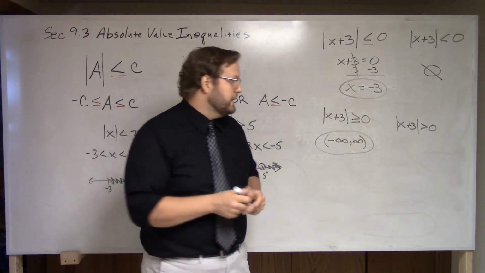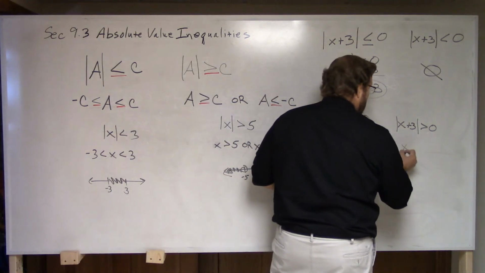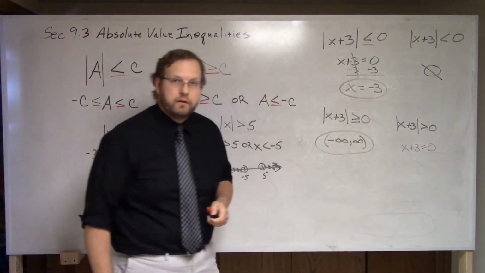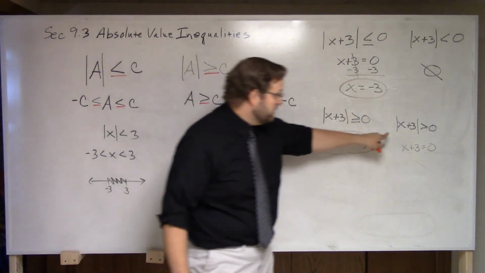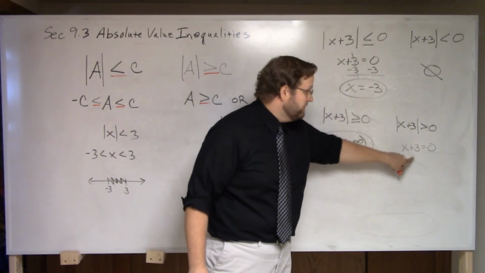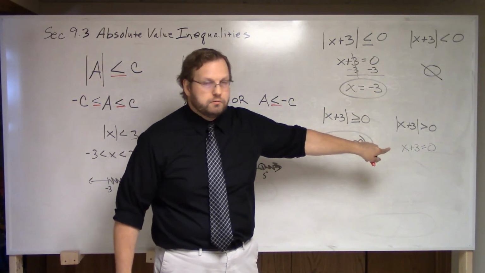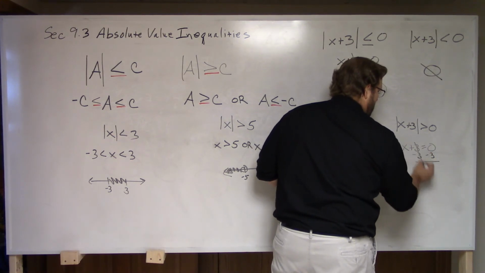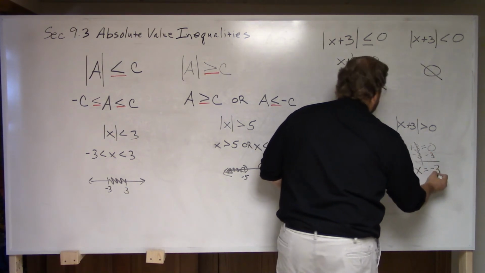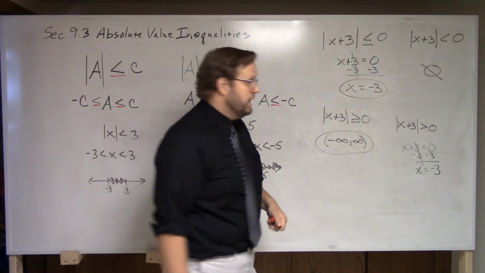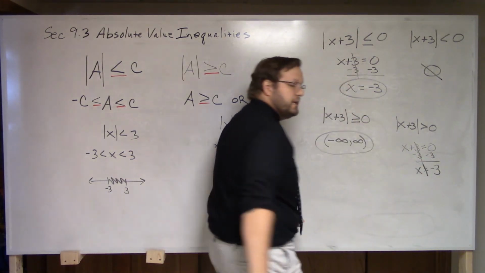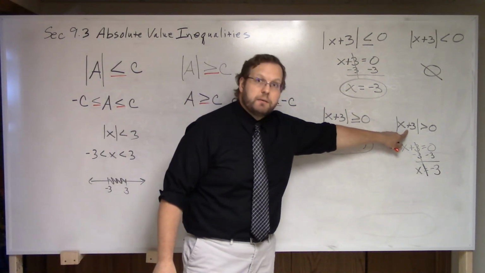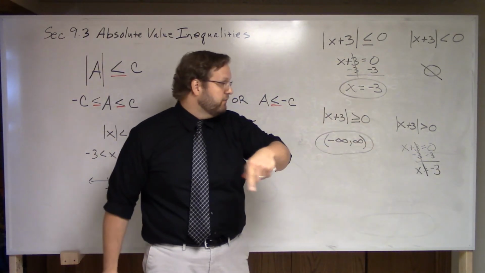So this is where we got to be careful, because I do not want that to happen. I'm either going to be positive, which would work, but if I'm 0, that's not bigger than 0. So what I need to do is exclude that negative 3. I do not want to be equal to negative 3. I can be equal to anything else, because then this is going to end up positive. But if I'm equal to negative 3, no good.